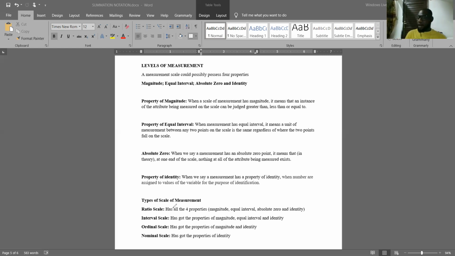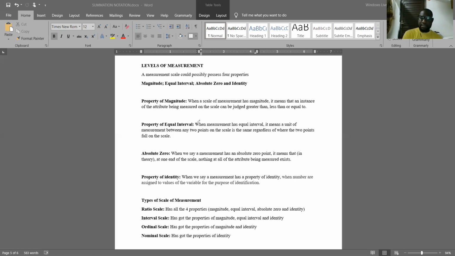When it comes to interval and ratio, we can further reduce it into ordinal and even nominal.